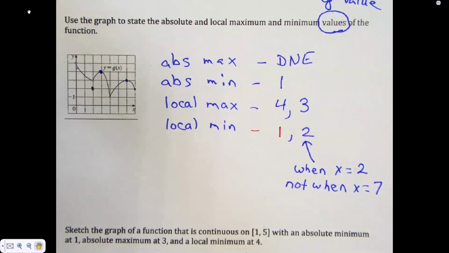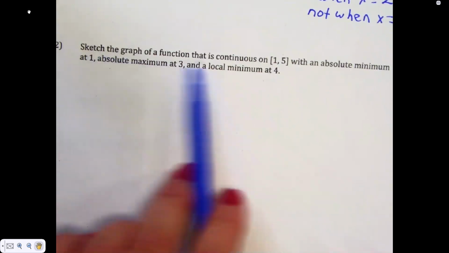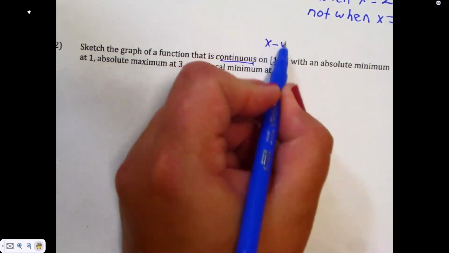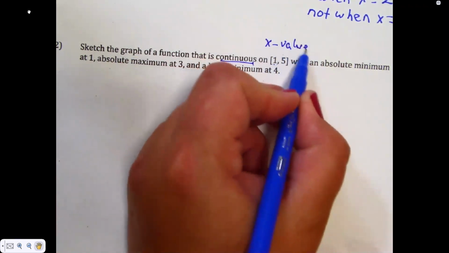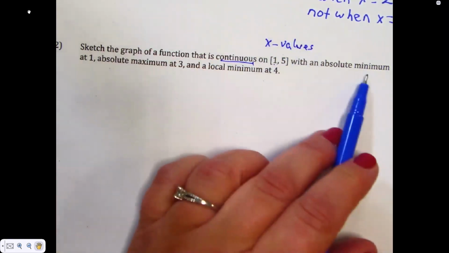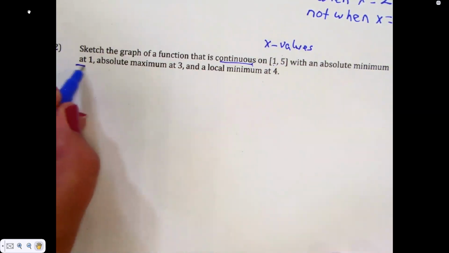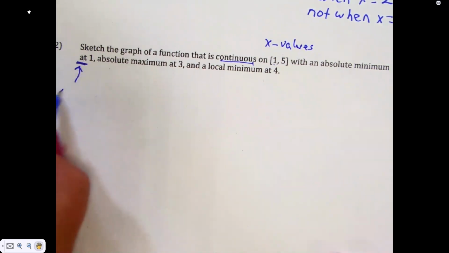How are we doing? Okay. All right, and then this one is just, can you sketch if they tell us it is continuous from 1 to 5. Now those are X values. What else? Absolute minimum. And this is weird too. If they say at, they're giving X values.